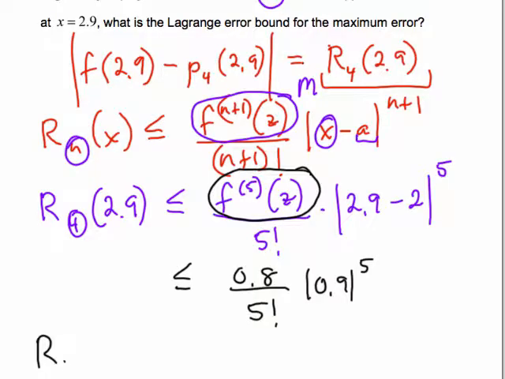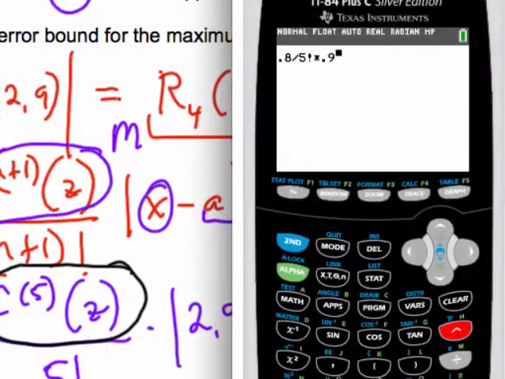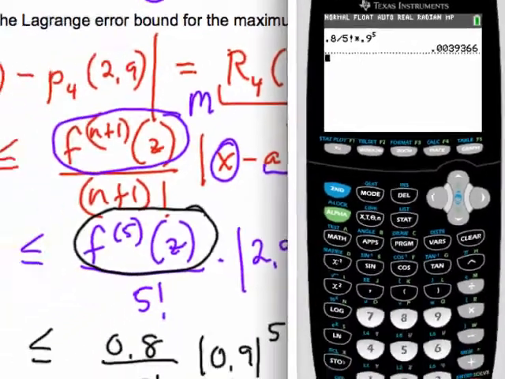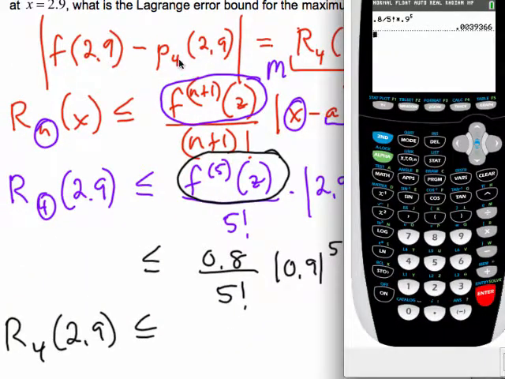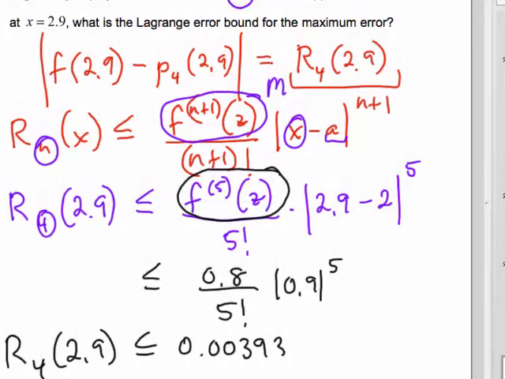And if I then calculate this out, I can see that the difference between the actual value of f of 2.9 and my approximated value, p of 2.9, will be less than this value right here.